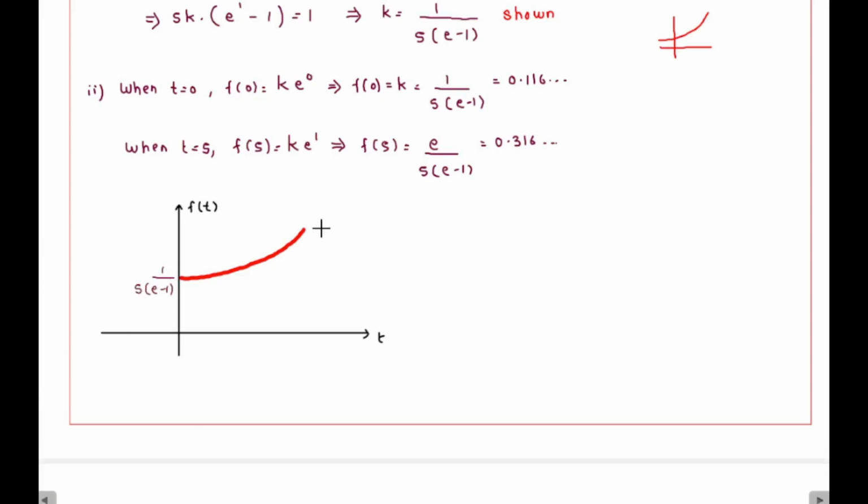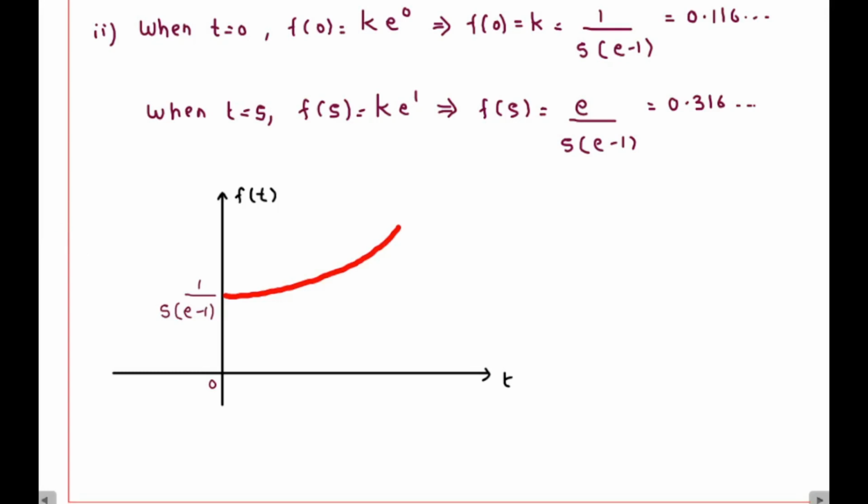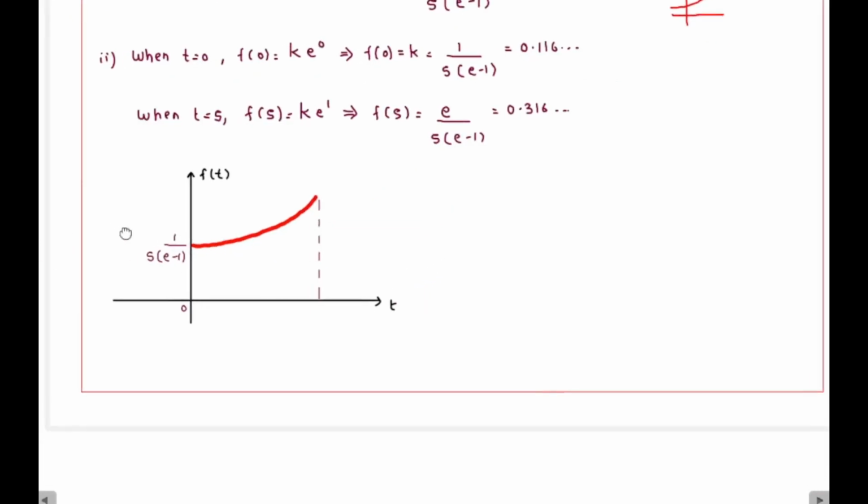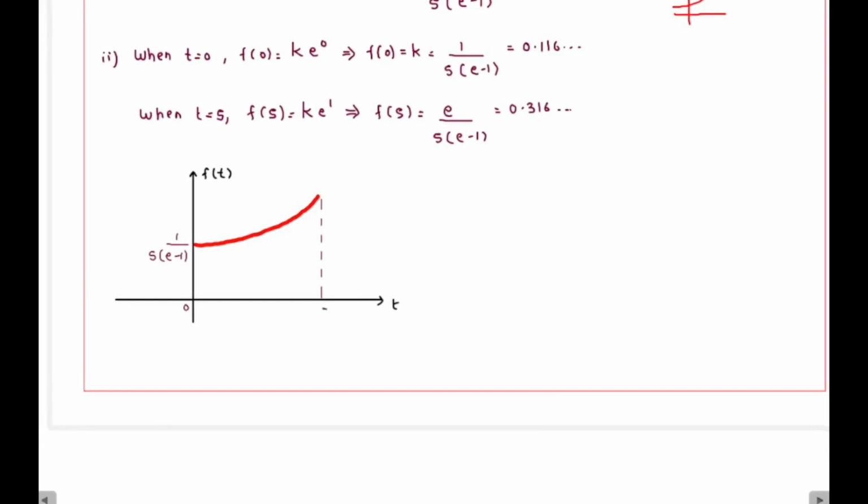This is when t is equal to 0. For t equal to 5, what is the value it will have?